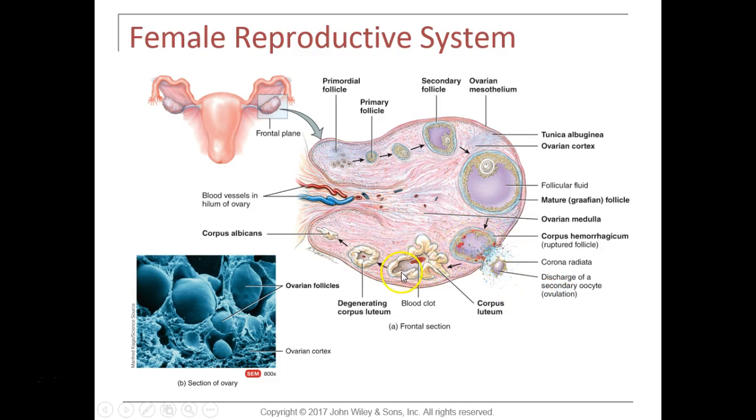This ruptured follicle then forms a blood clot in it because there's a little wound here. This structure is called the corpus hemorrhagicum. Because of the blood clot, it heals up, and the cells of the follicle enlarge and become what's called the corpus luteum. So the corpus luteum is the structure in the ovary that produces the reproductive hormones after ovulation occurs.